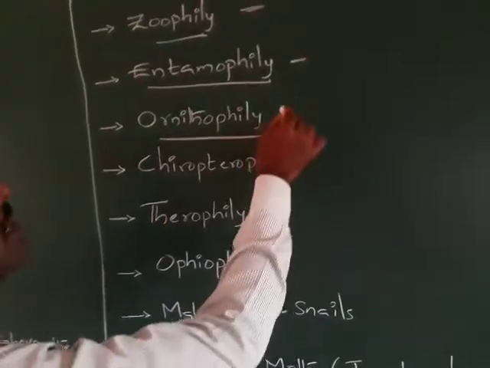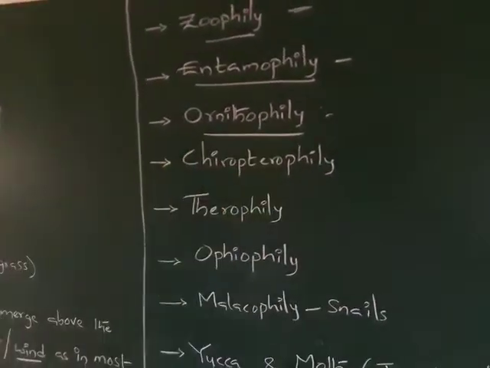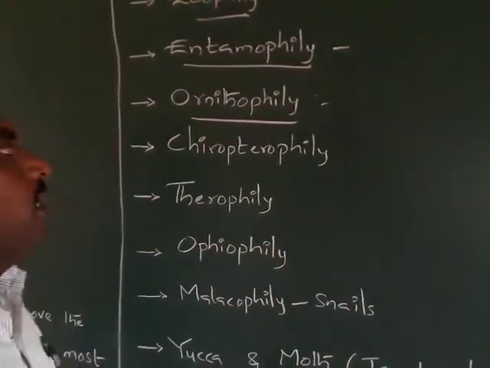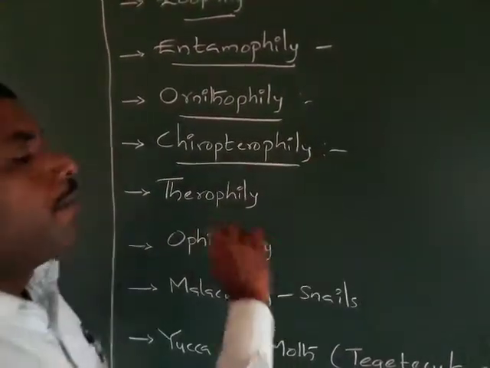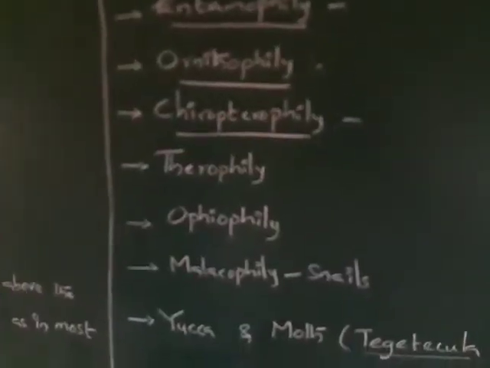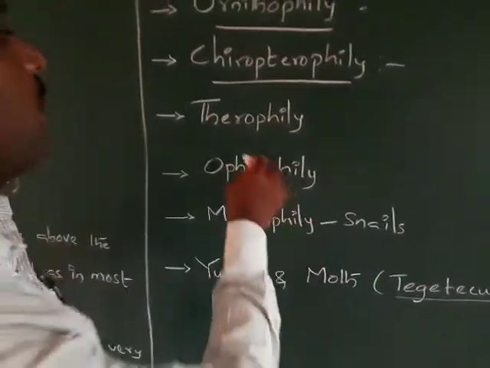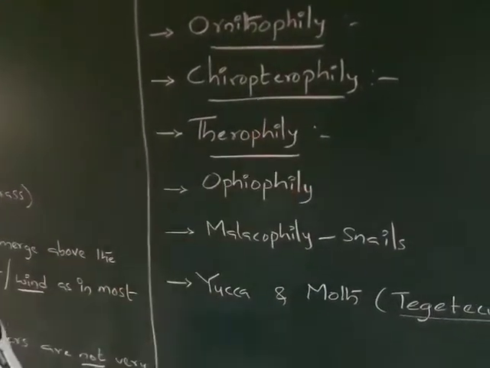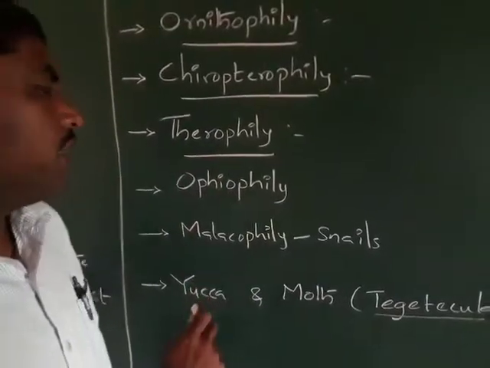Pollination by birds is called ornithophily. Pollination by bats is called chiropterophily. Pollination by squirrels is called therophily.